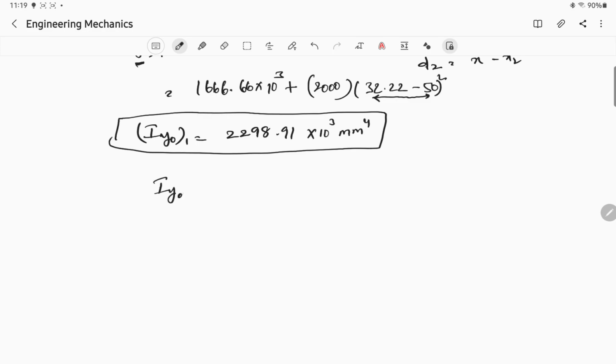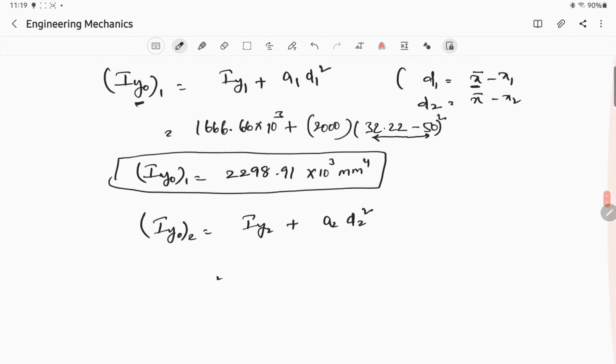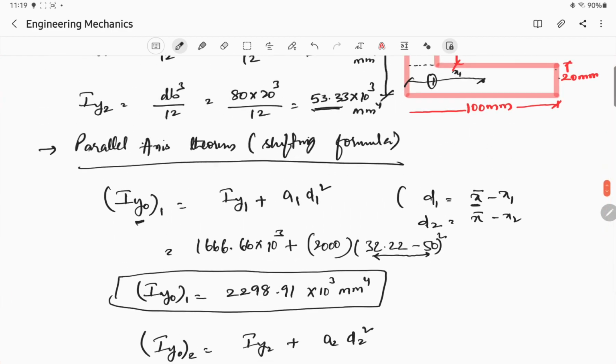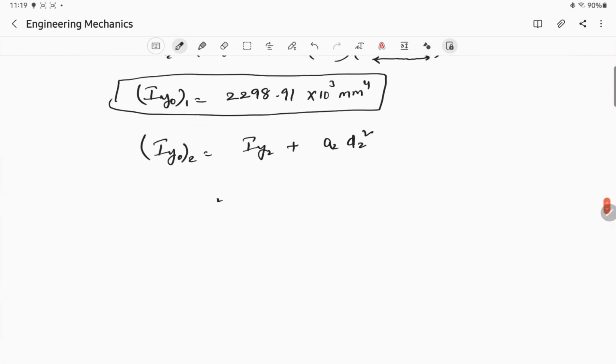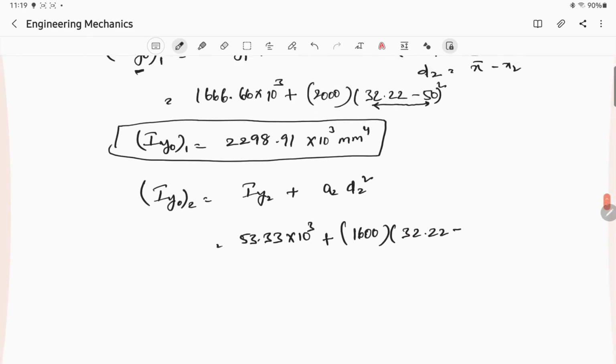Now Iy naught of second element is equal to Iy2 plus A2 d2 square. Here what is the value of Iy2 we got? See here, 53.33 into 10 power 3. This is Iy2, plus A2 is 1600 we know. What about d2? d2 is x bar minus x2. x bar we got as 32.22 minus x2.